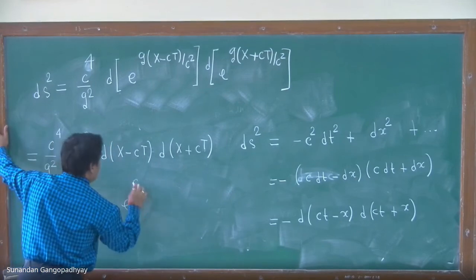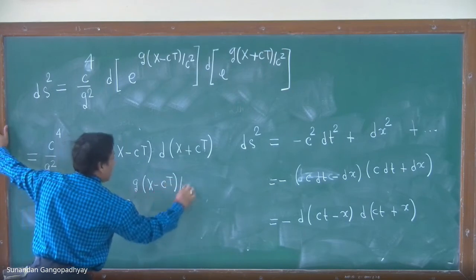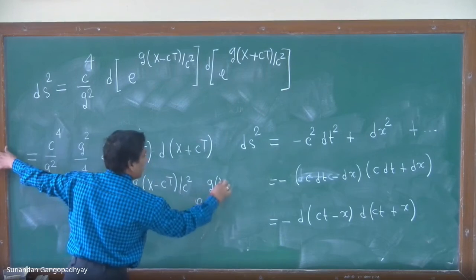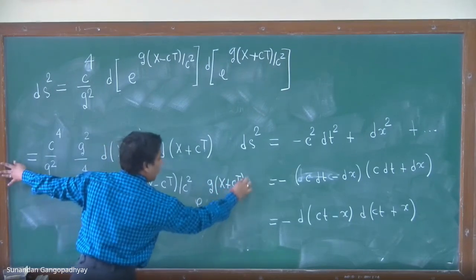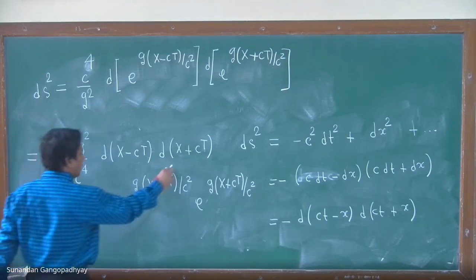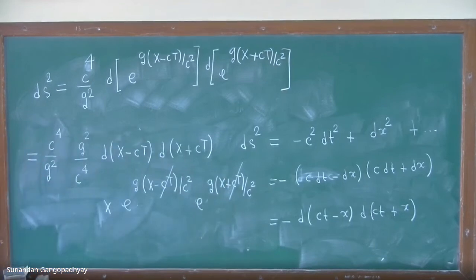It will be e to the power of g(x minus ct) by c square and e to the power of g(x plus ct) by c square. Okay, and from here you can immediately see that this one and this one cancel, right? And so cancels, and therefore you get a nice form now.